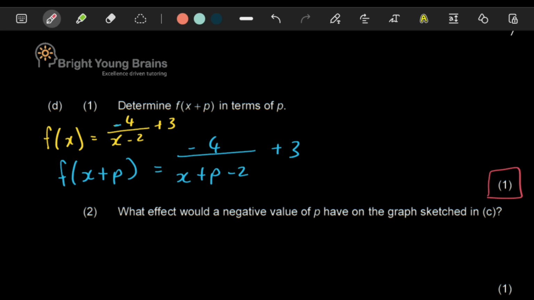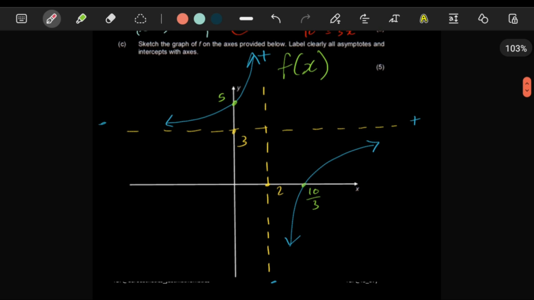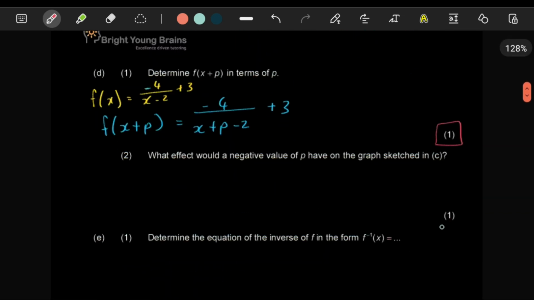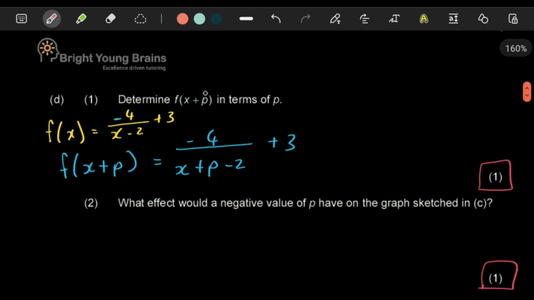So for 1 mark here, they said, what effect would a negative value of p have on the graph sketched in C? Well, this is another 1 mark question. So if you have p as a negative number, then it means that you would be moving the graph to the right.